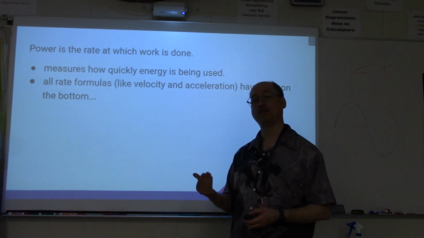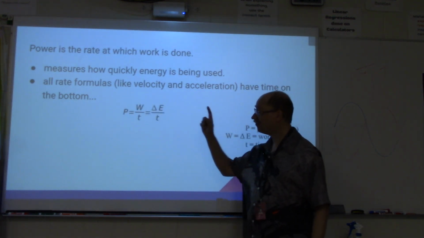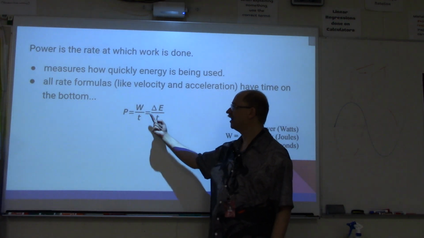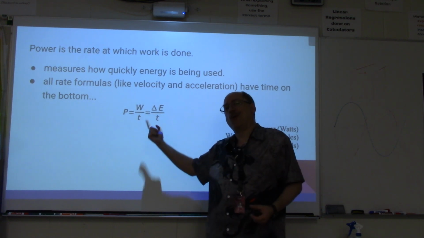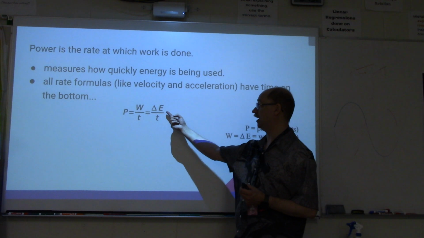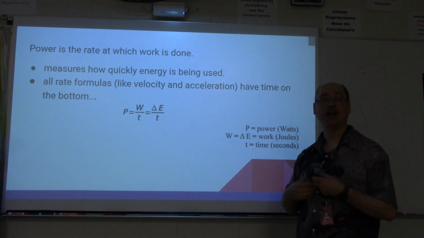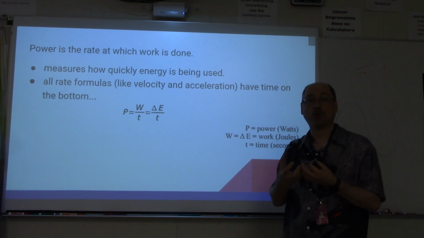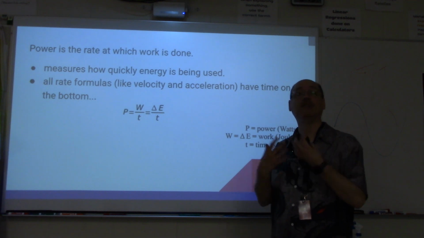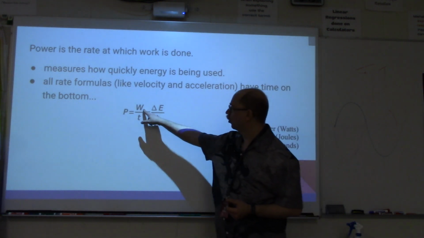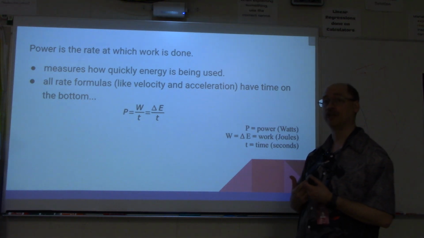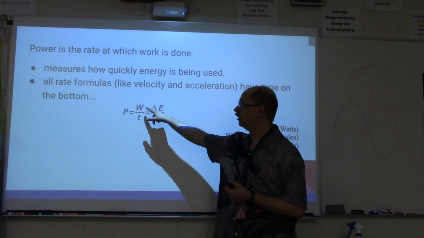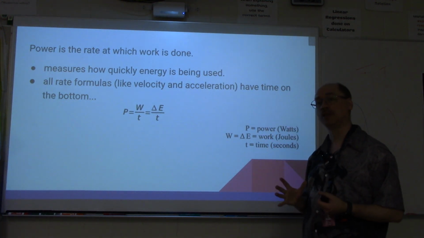So the same thing applies for power, because the formula is given two different ways: either work over time, it's the rate at which we are doing work, or because work is also delta E, a change in energy going through conversion, it's also a measurement of the power or the rate at which we are converting energy. So because work and energy are both measured in joules, that means that in both of these cases, we're talking about measuring joules per second. That's what the formula is actually doing.